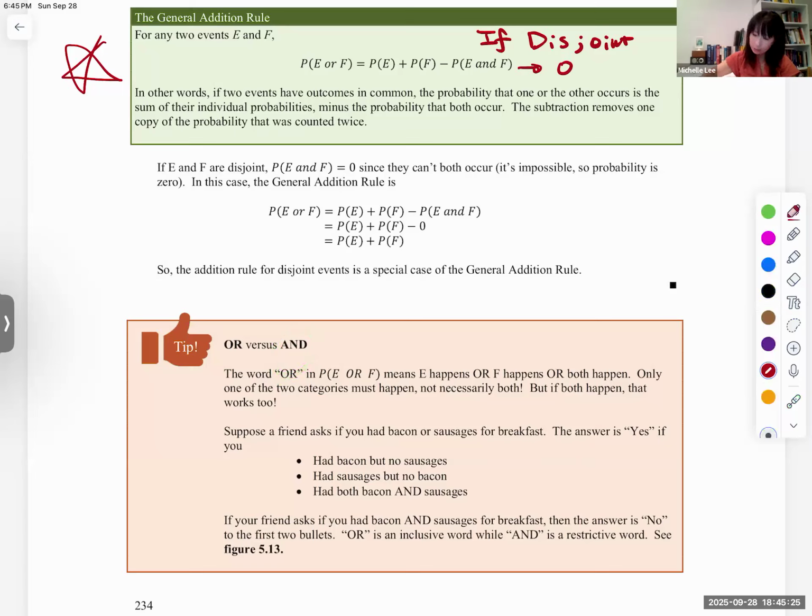So let me write down. Think the outcome must be at least one event.